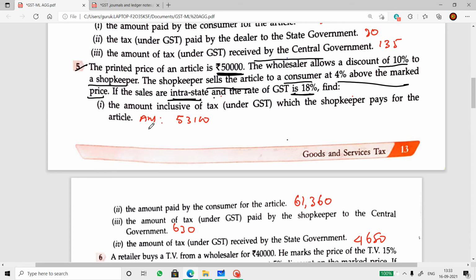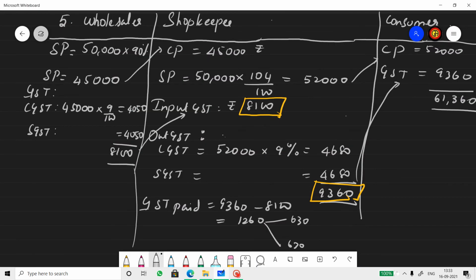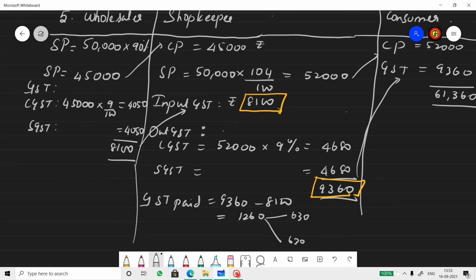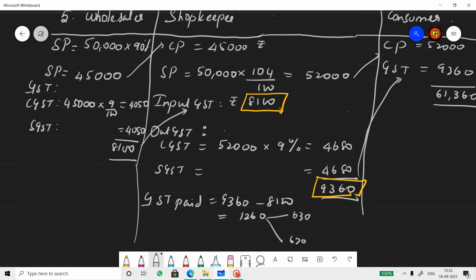Alright, so let's go to our calculation and let us see the shopkeeper's column. What did the shopkeeper pay? The shopkeeper paid at the time of purchase 45,000 plus 8,100, isn't it? So amount collected by the wholesaler is the amount paid by the shopkeeper.